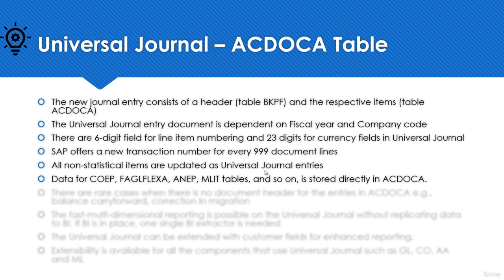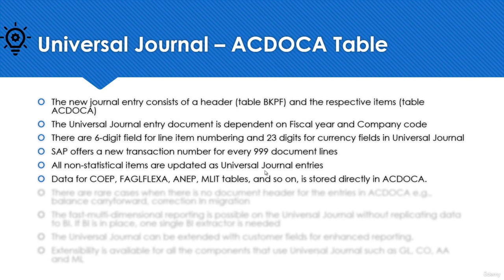FAGLFLEXA in SAP ERP system, which was the version before SAP S/4HANA, used to store line item information just like ACDOCA table, but it does not have that much capability to store data from all the modules like ACDOCA table has.